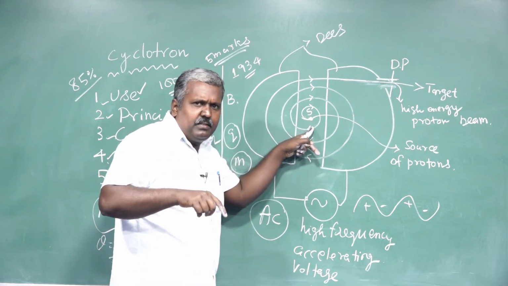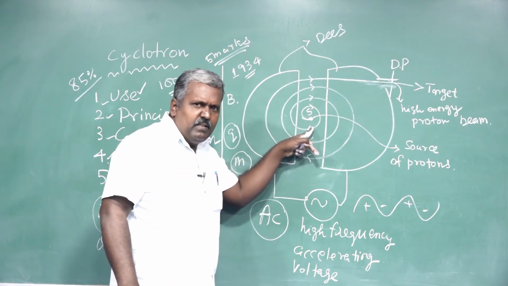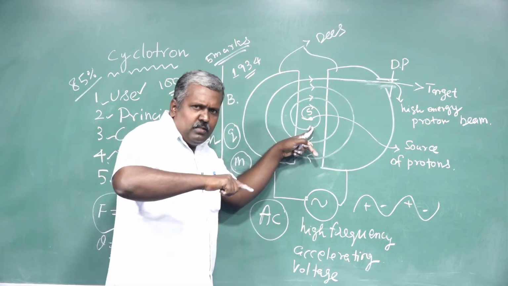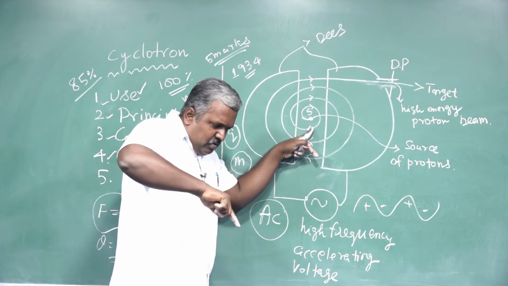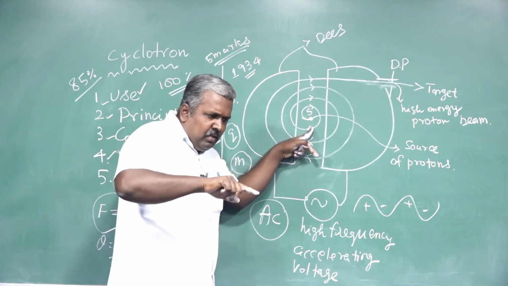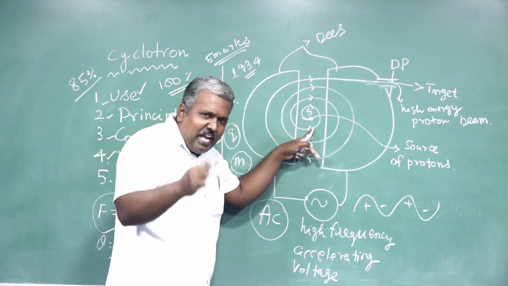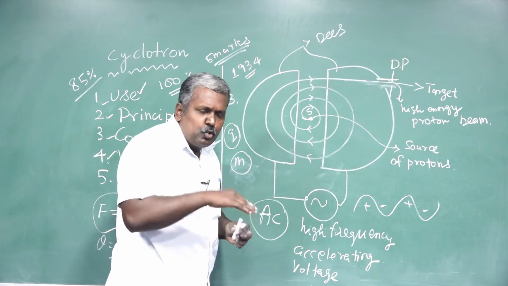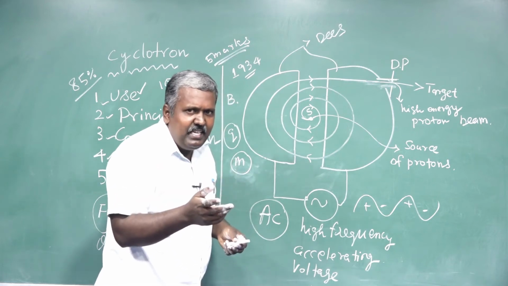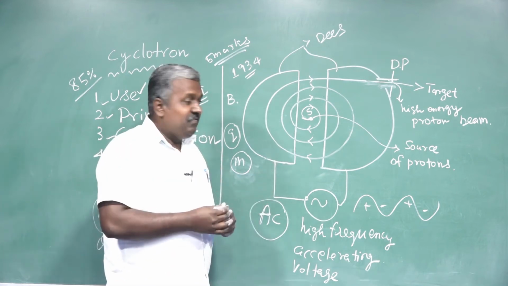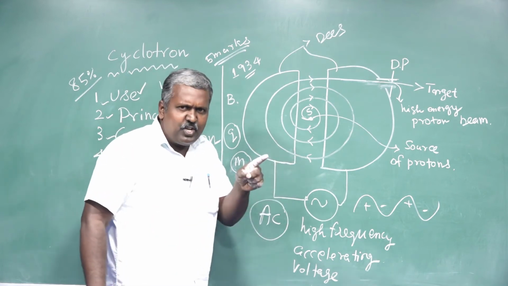Now this positive ion just circulates, traveling, and is now accelerated towards the other D, say D2. First D1 has negative potential.